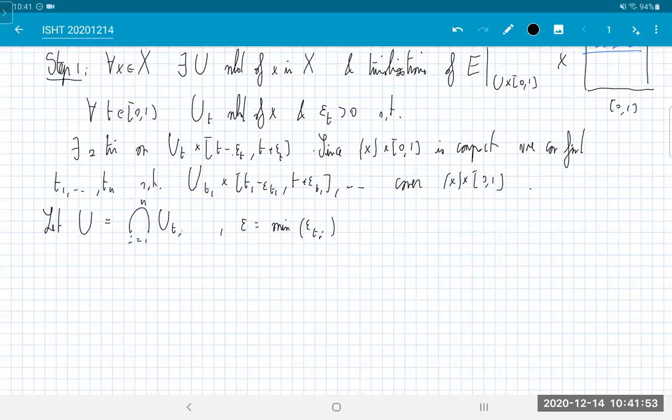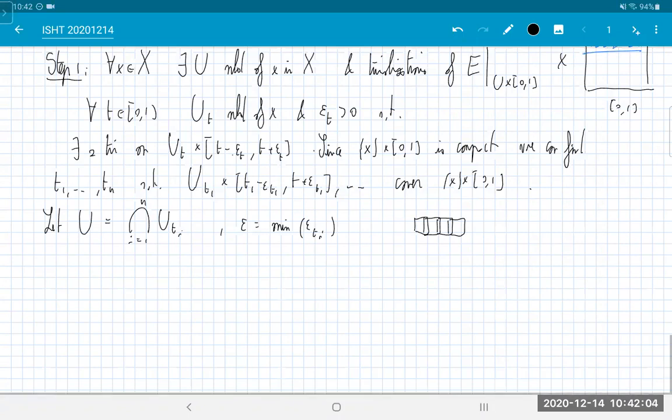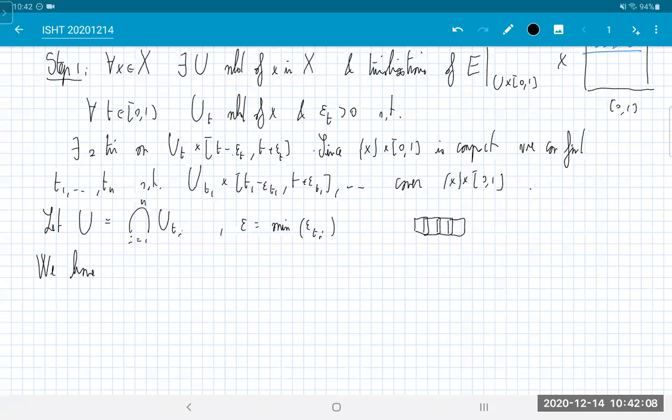And now we have just a bunch of squares with a trivialization. And so essentially what we have is T0 equals 0, less than T1, less than Tn, which is 1, and a trivialization of E on U times [Ti, Ti plus 1].